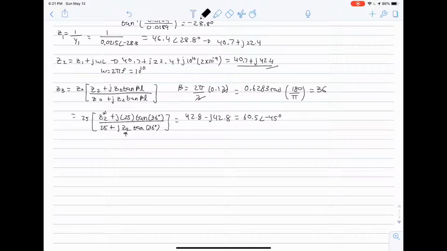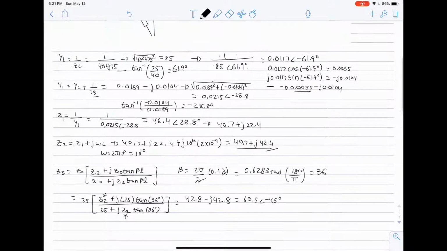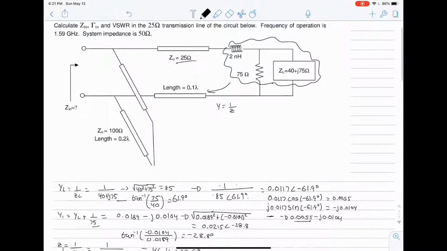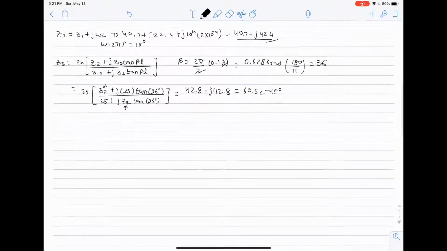Now we have everything up until this point. Now we have to take into consideration this stub transmission line. The formula for that is Z stub equals jZ0 tangent βL.